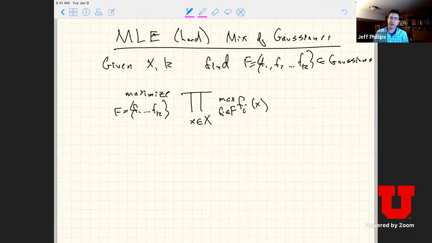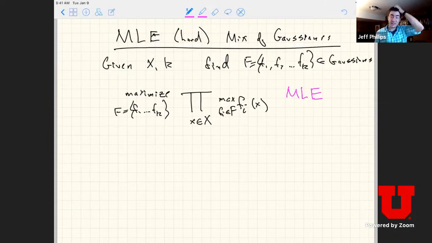So it allows me to find the distribution which maximizes this. I want k of these distributions, and I want to find them so that every point I assign to the best fitting one. I want to say what's the product of the likelihoods that they were from one of these distributions. And that's what this is: a maximum likelihood, an MLE formulation, maximum likelihood estimator.